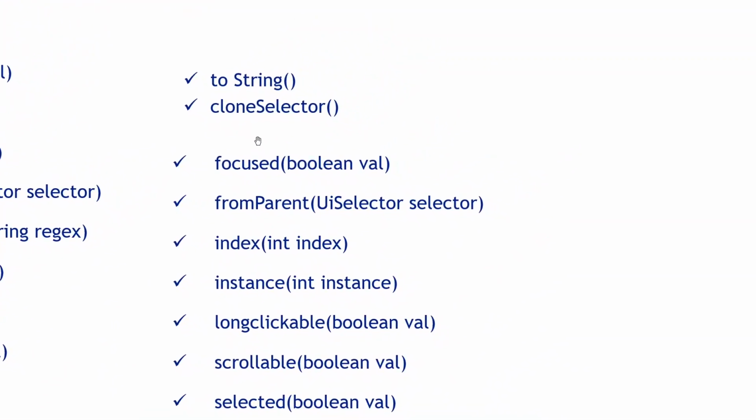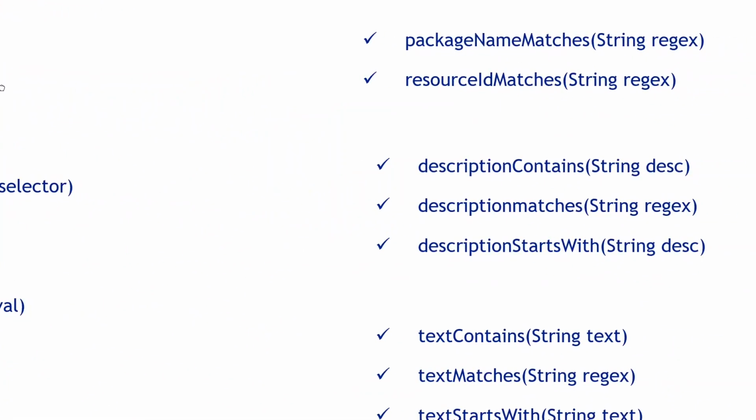And then focused from parent. This is a kind of different strategy. And index, instance, they have given long clickable, scrollable, selected. These are the methods they have given, and you can use them based on your requirement in case it is needed.